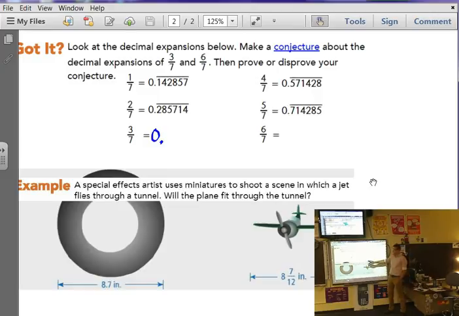All right, can you figure out 6/7? Jeremiah, do you know 3/7? Or either of them, really. I'll give you a hint on each of these. We're not done. Do not write these down and think that we're done.